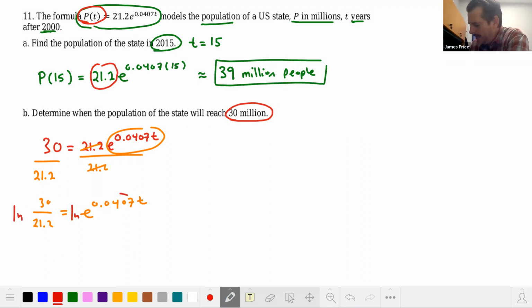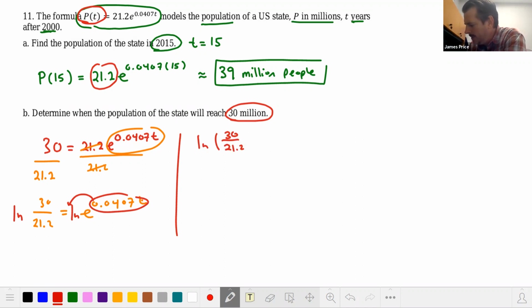And we do that because that'll bring that exponent down in front. And so we'll get ln of 30 divided by 21.2 equal to 0.0407 T ln of e, and then ln of e is just 1, so it's going to drop off.